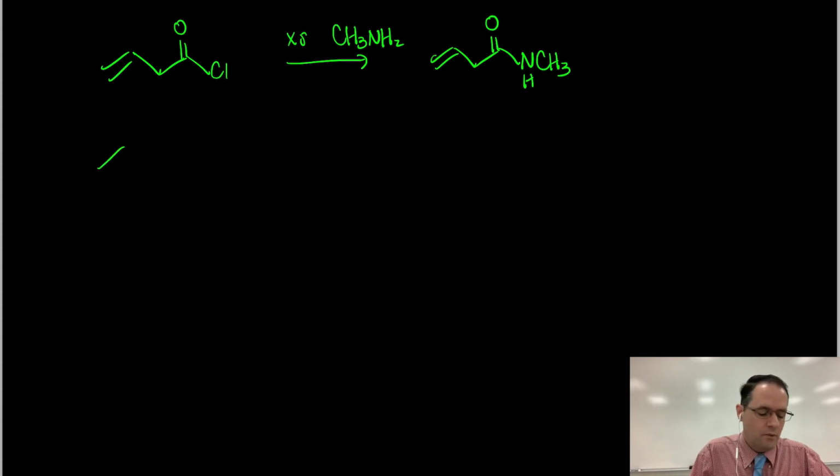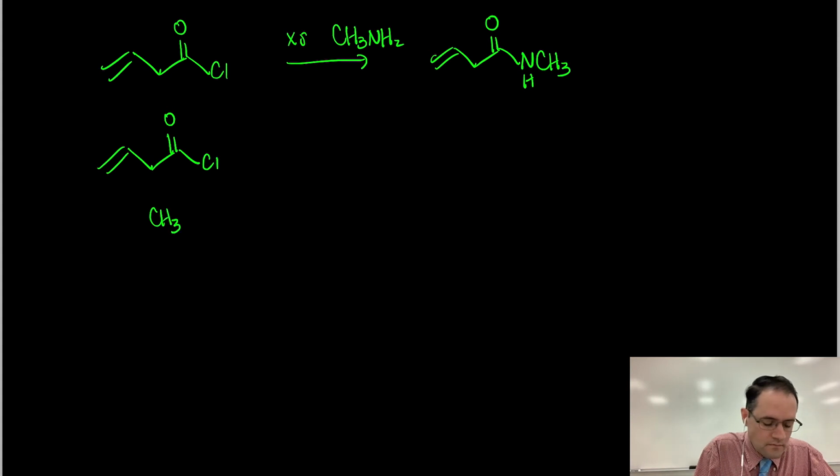So what we have first is an acid chloride, which is extremely reactive. So the methylamine has lone pairs on the nitrogen. That's our nucleophile.